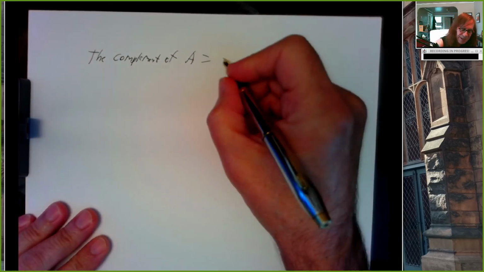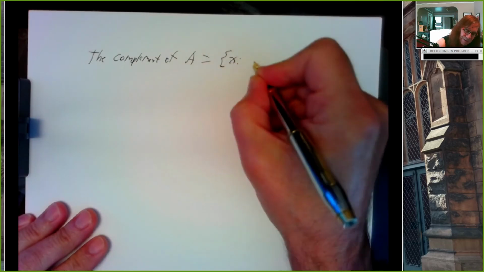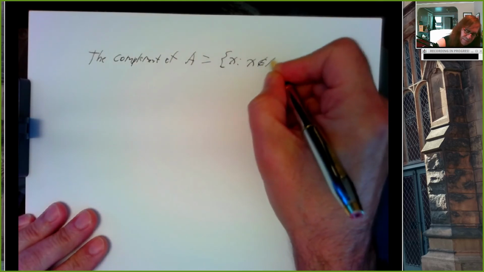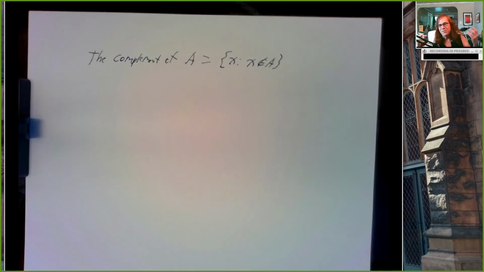So the complement of A equals the set of all X which are not contained in A. It's the stuff outside of A.